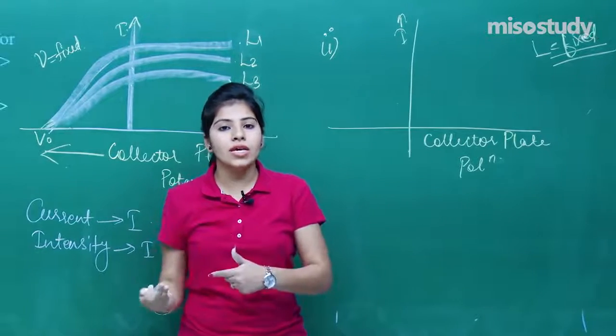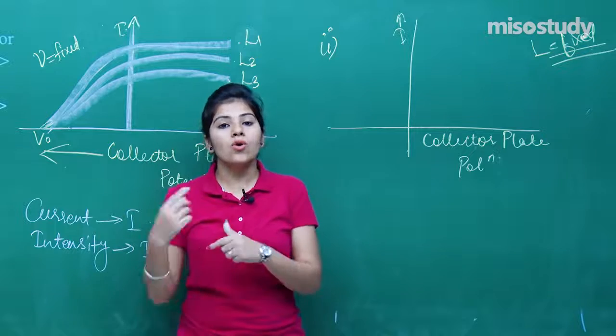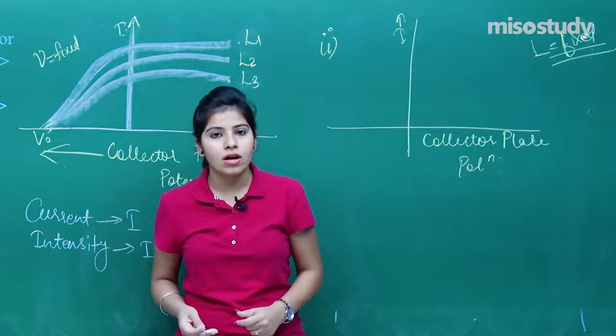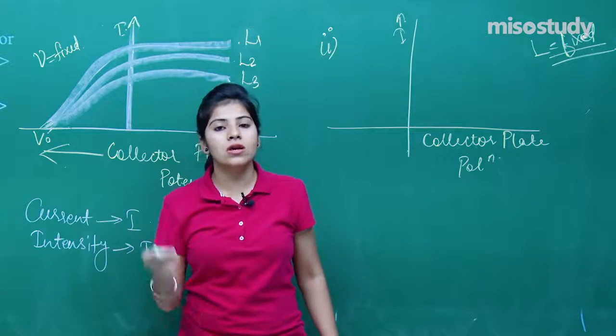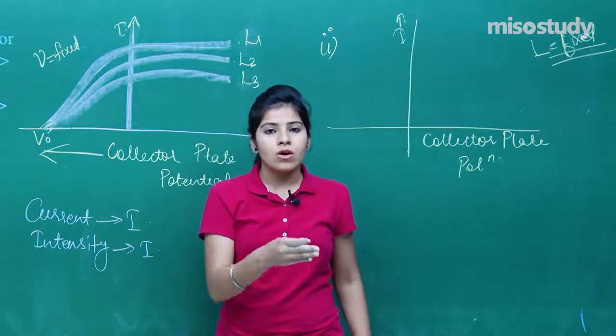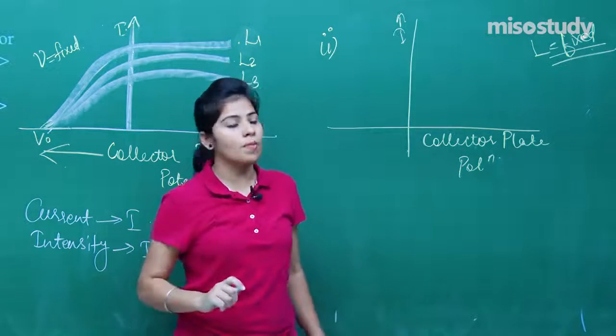More the frequency, more will be the kinetic energy of the photoelectrons, and so more will be the stopping potential. I told you in the very first question we solved in the 1 mark question, more the frequency, more will be the energy, more will be the stopping potential.